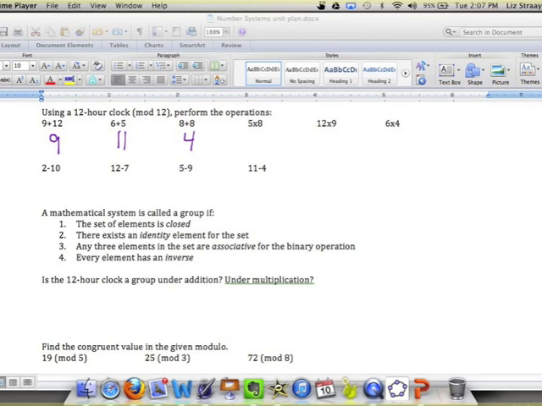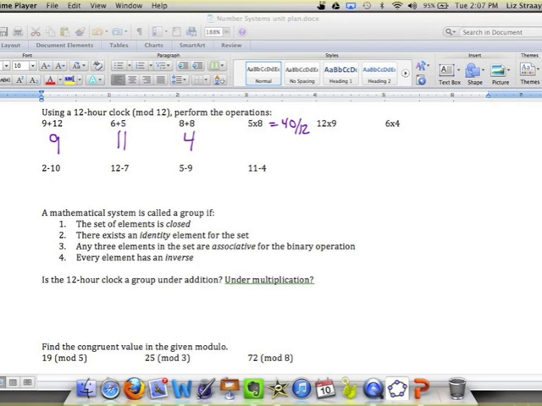So 5 times 8. We don't really think about multiplying hours, but if you wanted 8 chunks of 5 hours, how many hours have passed? 40 hours, but what time it is is really what we're concerned about. So again, we're thinking about a remainder. I get 40 and divide that by 12.